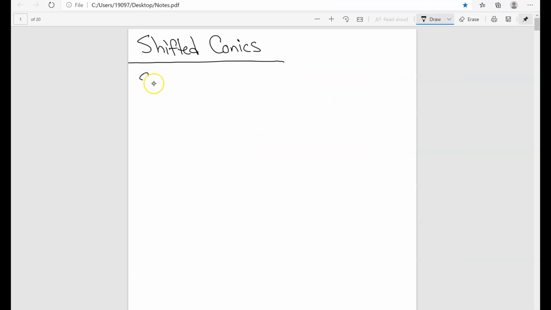So to start off, let's try this problem out. Given x minus 1 squared over 25 plus y minus 2 squared over 4 is equal to 1.